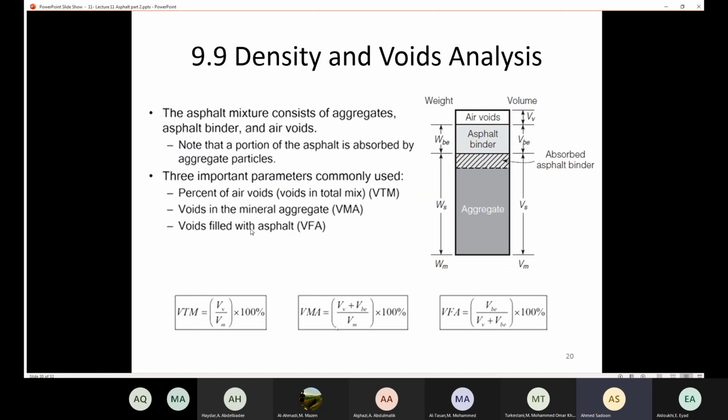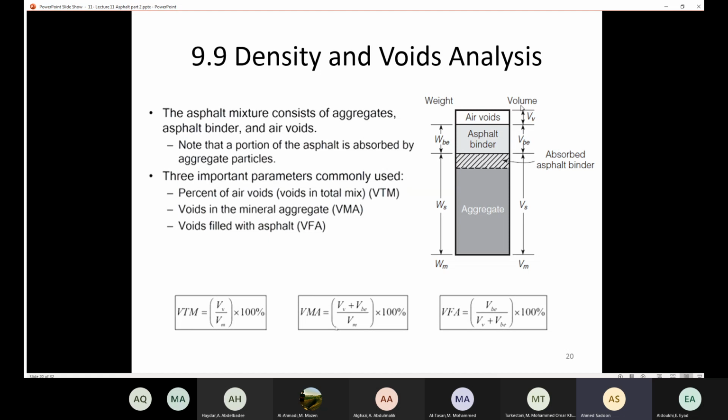Finally, I have the voids filled by the asphalt. So here I have a void. I have this void here because of the mineral aggregate. I want to know how much void has been filled by the asphalt. So now from here to here represents the voids because of the mineral aggregate, which means V sub V plus V sub BE.